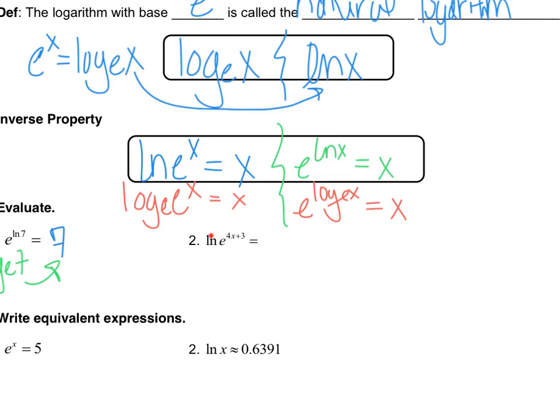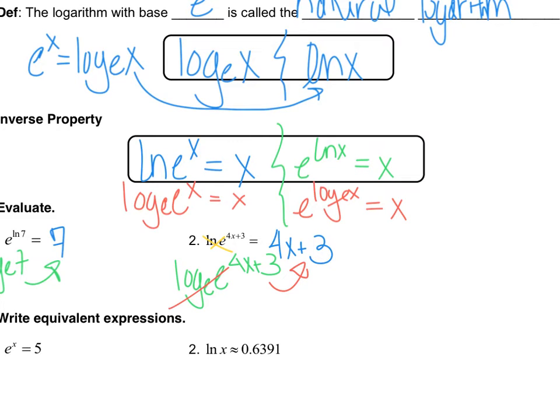If you have the natural log of e to the 4x plus 3, these quote-unquote cancel each other out, or some students will physically cross them out, and you get 4x plus 3. Same thing, if we apply our properties from before, this is log base e of e to the 4x plus 3, and you're left with just 4x plus 3.